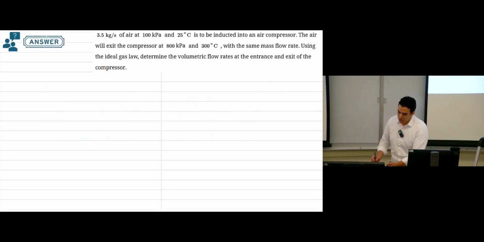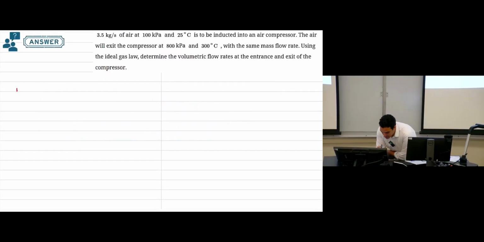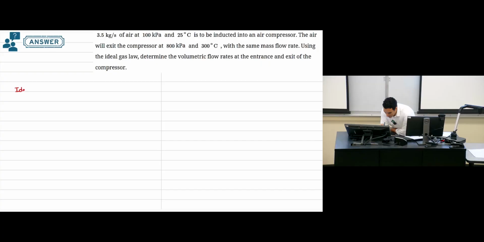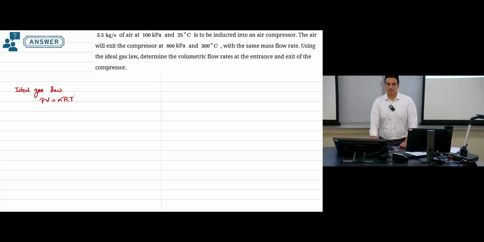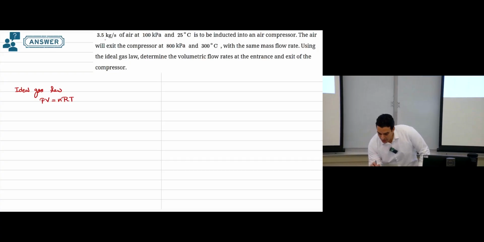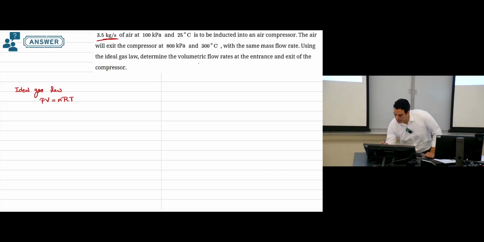So what can we do in this one? Again we have the ideal gas law, PV equal nRT. Here in the problem, we have the mass flow rate given. The requirement is the volumetric flow rate. Volumetric flow rate is volume divided by what? Time.